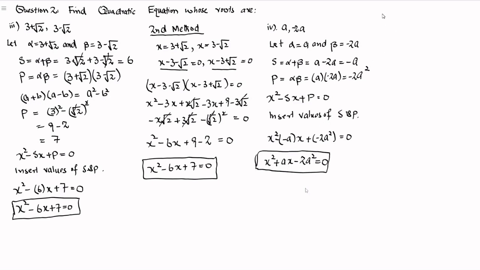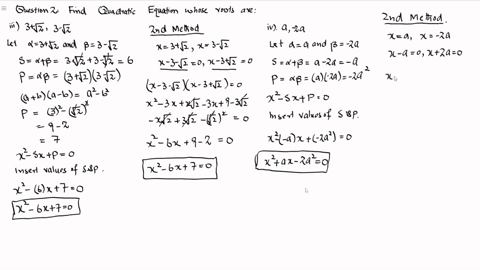The same can be solved using the second method. One root is a, so we can write that x is equal to a, and another root is x is equal to minus 2a. Now x minus a is equal to 0 is one factor, and x plus 2a is equal to 0 is another factor of the quadratic equation.